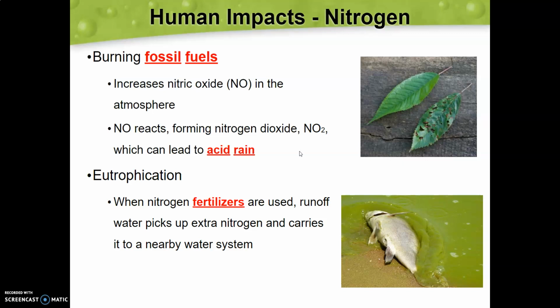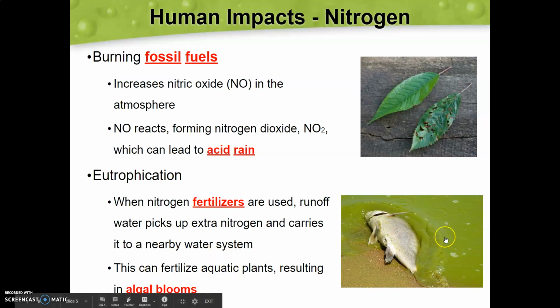When nitrogen fertilizers are used, that runoff picks up extra nitrogen and carries it to a nearby water system. Because fertilizers are used for crops and for plants to help them grow, there are aquatic plants in lakes, in the ocean, algae. So if there's an excess amount of nitrogen coming into a body of water, especially the ocean, it can cause algal blooms.